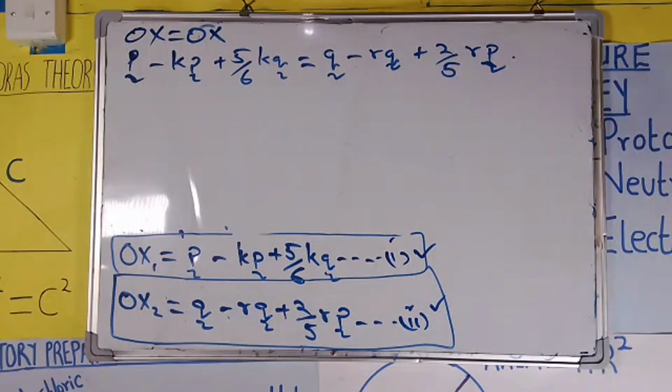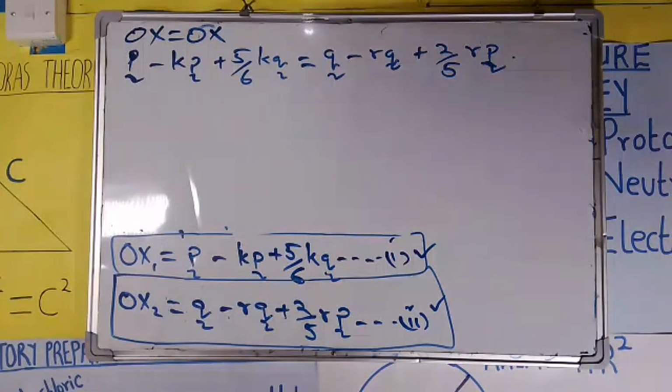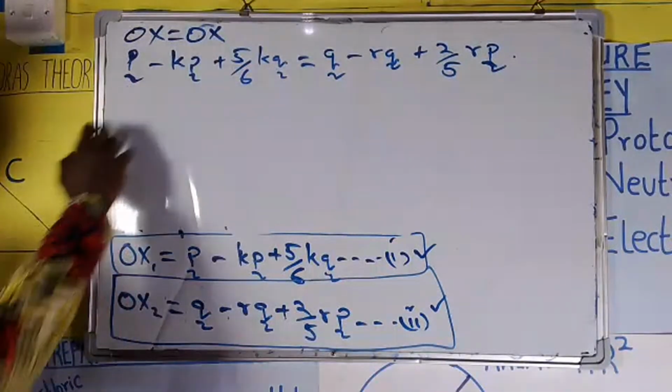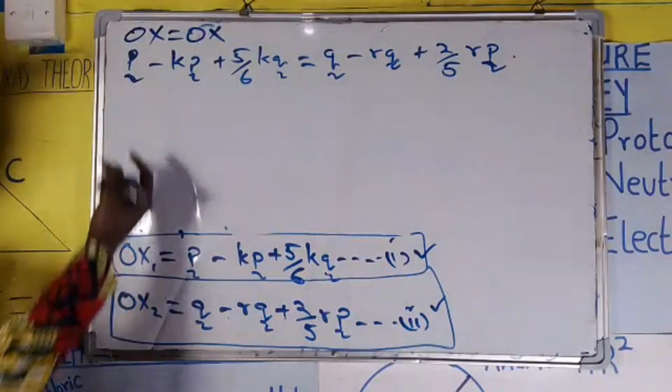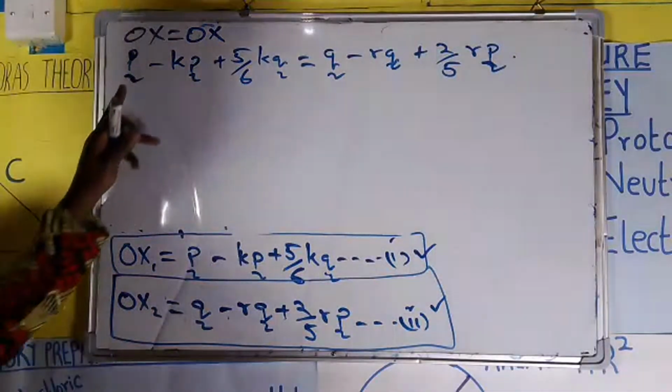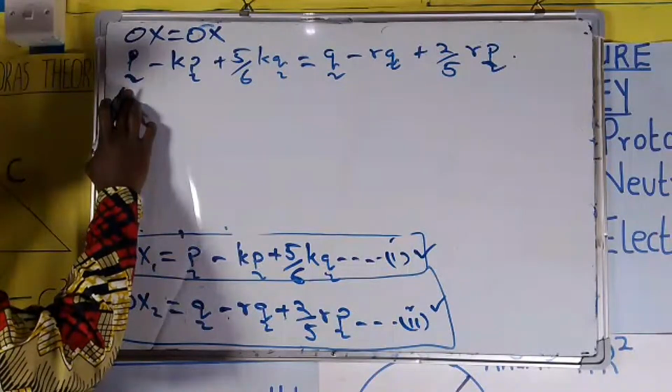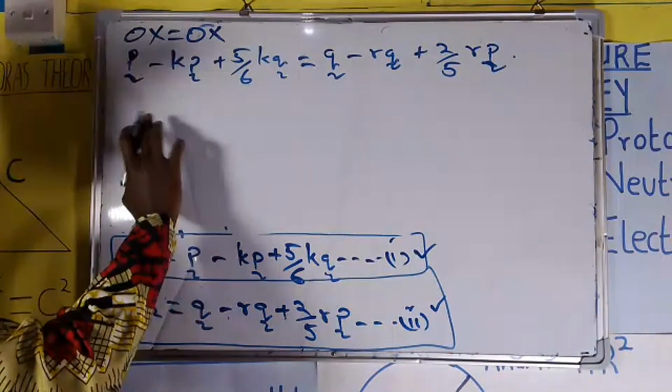So let us continue. So what we are going to do in this case now, we will now put the like terms together, and the terms we said are in terms of vectors. So we can start with P. Anything with P, we take it and put it together.